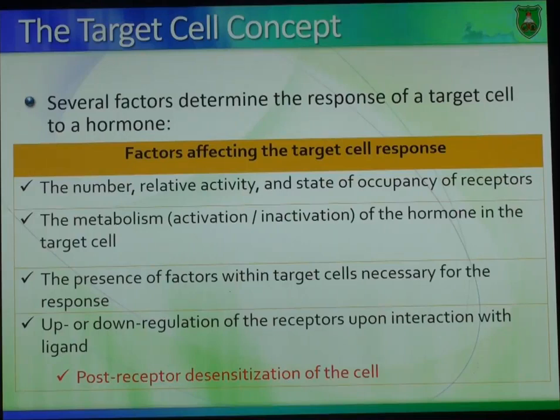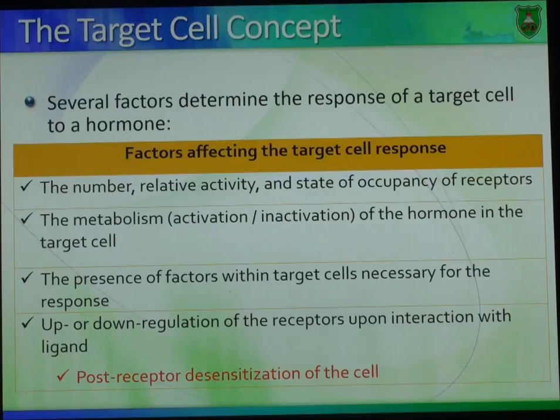And finally, we have also the regulation of the number of receptors on the cell surface, because some receptors, when they bind to the hormone, they get internalized, and some of them get degraded. So the concept of desensitization is important. If you have large amount of hormone produced, secreted, and bound to the receptor, you have a desensitization.